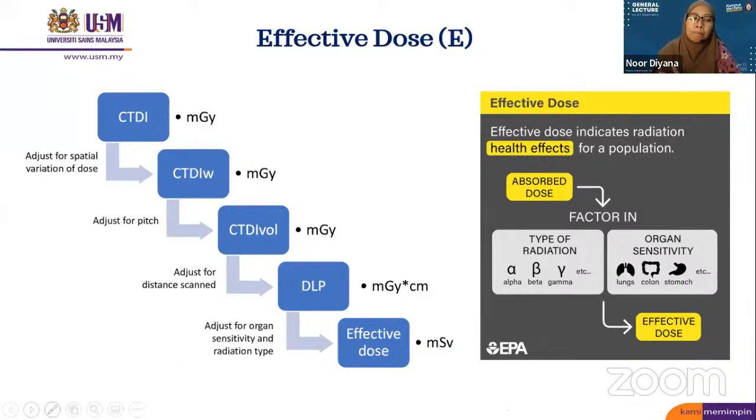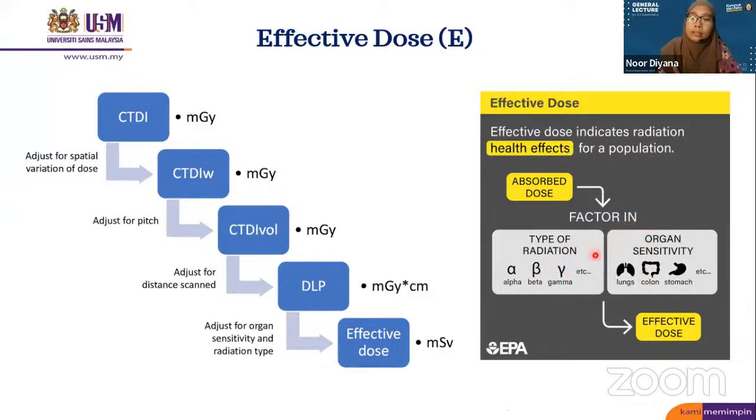So alpha and beta produce more effects compared to gamma and X-ray, so the factor is higher for alpha and beta.